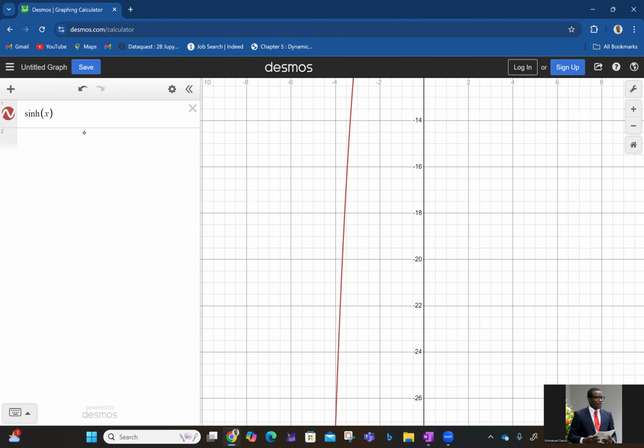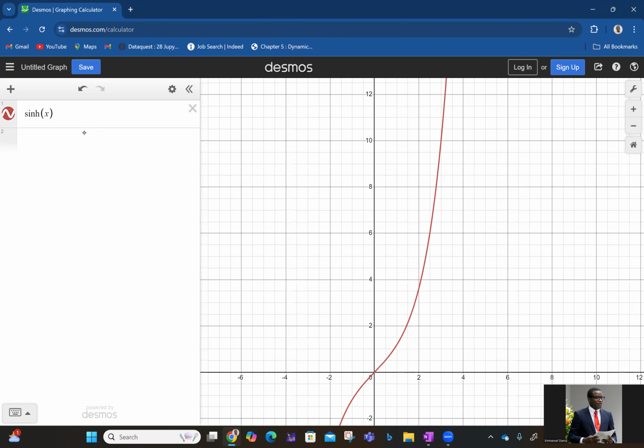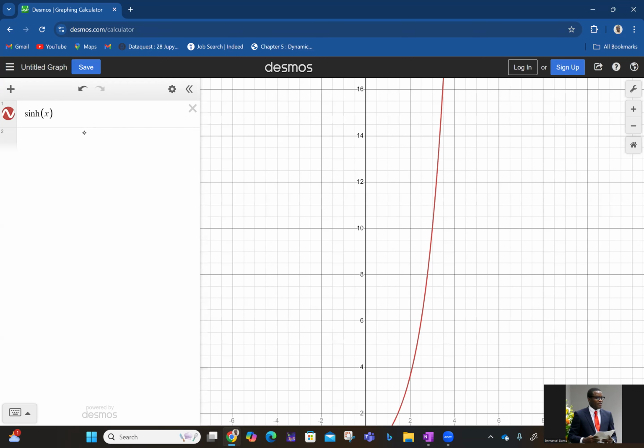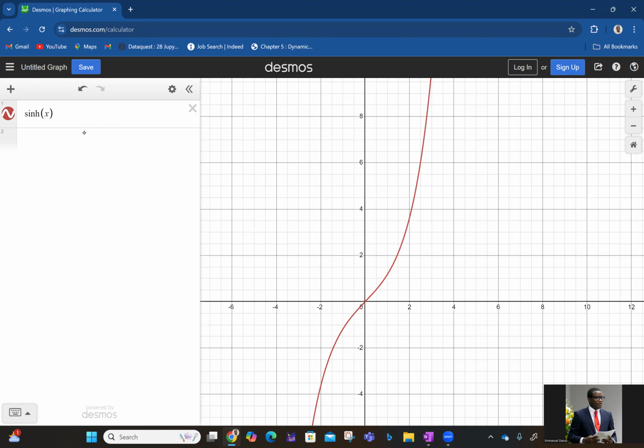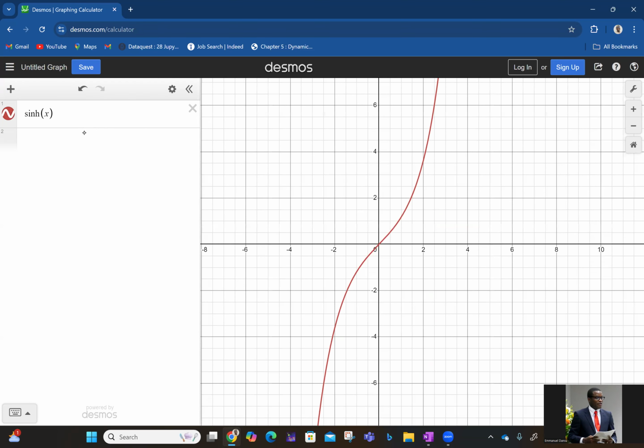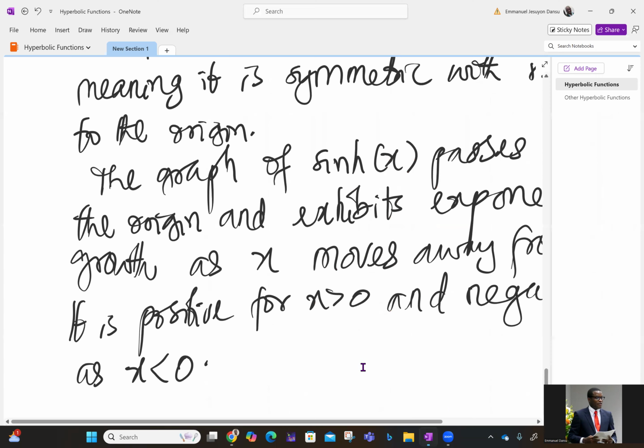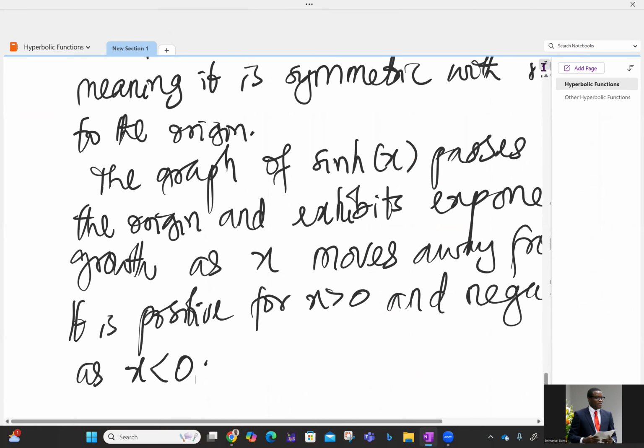That is the exponential growth on the negative side. On the positive side, as x is increasing that way, that line is also growing like that. So it grows exponentially, and it's positive as x is greater than 0, negative as x is less than 0. So that's what that description is about. That is the graph of sinh x.